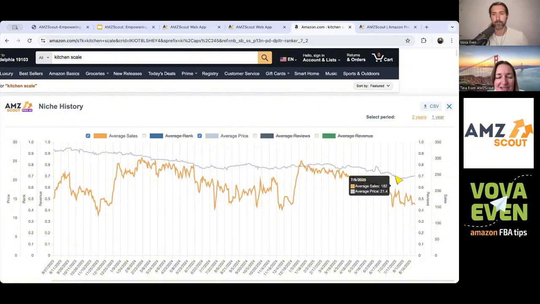The products should cost at least 25 in such a niche to be profitable, because you have production costs, delivery costs, shipping costs, FBA fees, and you also have to spend on ads because that's obviously a competitive niche. So $20 is not a really good one.